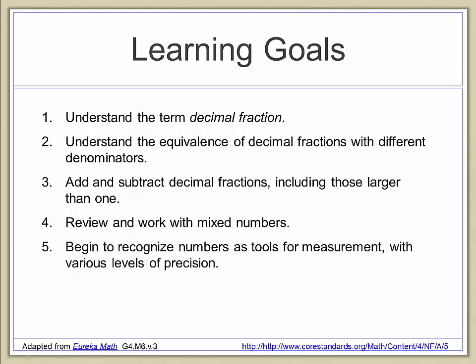And finally, we want students to begin to recognize numbers as tools for measurement with various levels of precision. In other words, that numbers are no longer counting things, but can be made up of a sum of whole parts plus fractional parts, specifically decimal fraction parts, to represent different levels of precision.